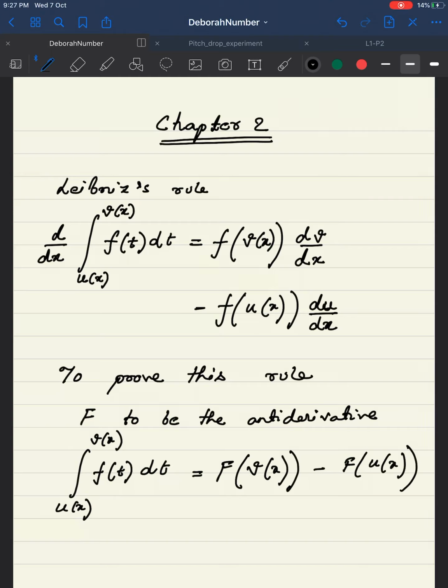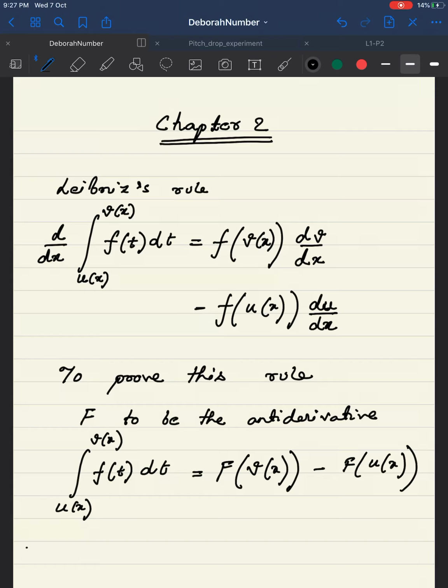Right? So F is the antiderivative of small f on a given boundary, within a certain bound, and within this the v(x) and u(x) are within those bounds. Okay, so I'm not writing down all that. If you want to look back at this, then all you need to do is consult maybe the high school calculus books, and that will have it.